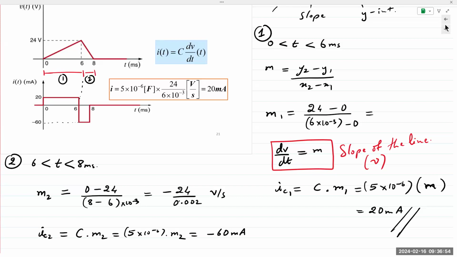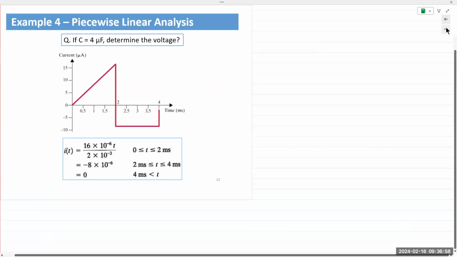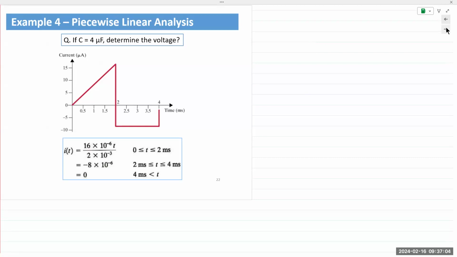All right, then. Let's move on to example 4 of piecewise linear analysis. This time we are given the current and we are asked to find the voltage. Capacitor value is different. It's given as 4 microfarads. And we are given the current. So now we are looking at it from the other side.